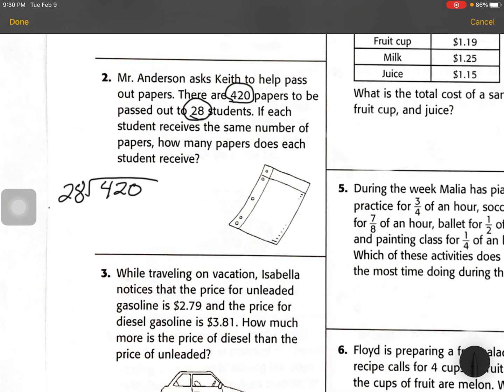You have, obviously, 4 answers on your paper that you could just take a number like 13 times 28 and do a guess and check and see if you get close to 420.